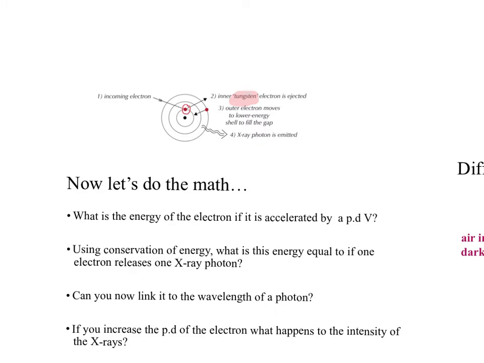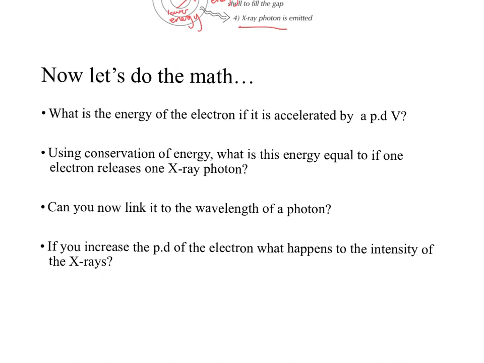Once the electron gets removed, another one from a higher energy level will move back down to take its place. And that movement from a higher energy level to a lower energy level releases a photon, because that extra energy is being released as an X-ray photon. So that's another way of X-ray photons being produced.